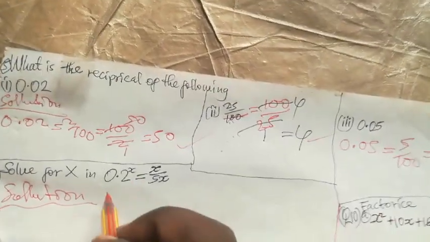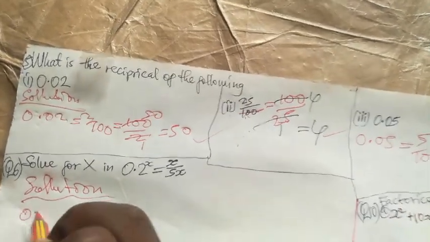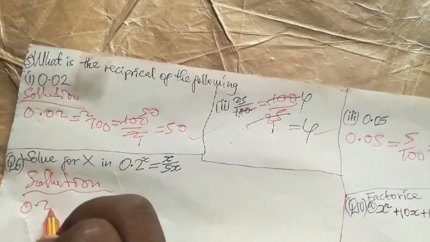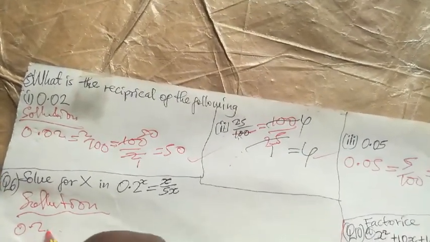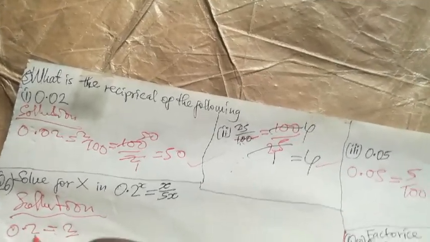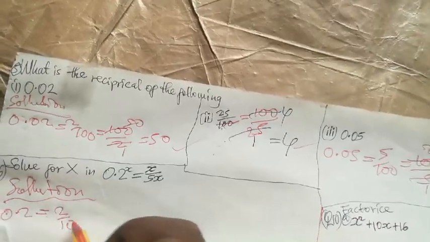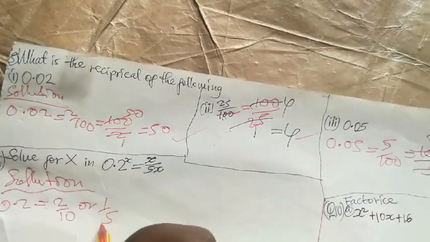Here we're going to convert 0.2 to a fraction, which will give us 2 over 10, or 1 over 5.